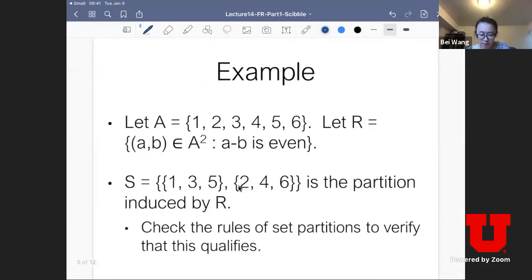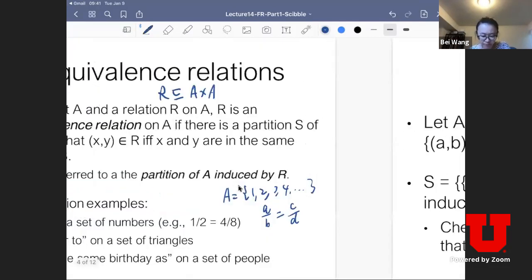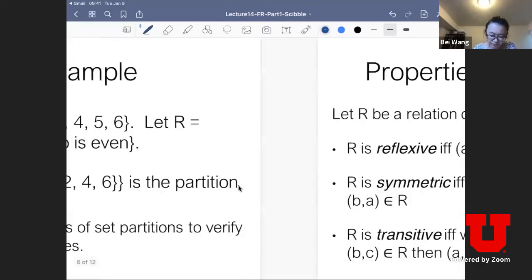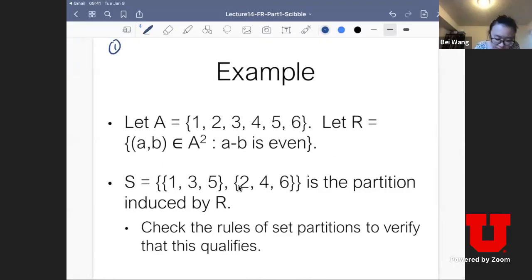Let's give a more specific example where we're going to check the properties. Remember the rules of set partition: number one, each of the subsets is non-empty. Number two, for all pairs, their intersection is empty.